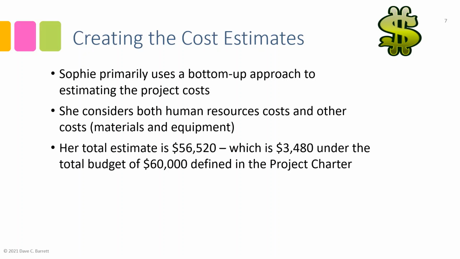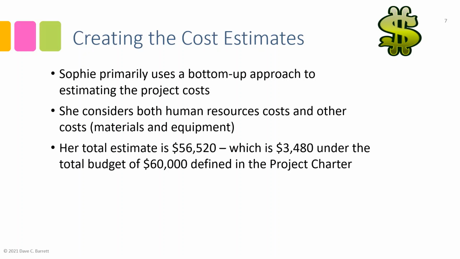Now, the other thing that could have occurred at this point is that Sophie did all her work and it came to $64,000, let's say, which would be $4,000 over our budget. Well, if that was the case, she would need to immediately talk to her project sponsor and say, okay, Arun, what are we going to do in this case? What's our approach? Is there more budget to include for the product launch, or should we look at ways of reducing costs, which may be less scope?